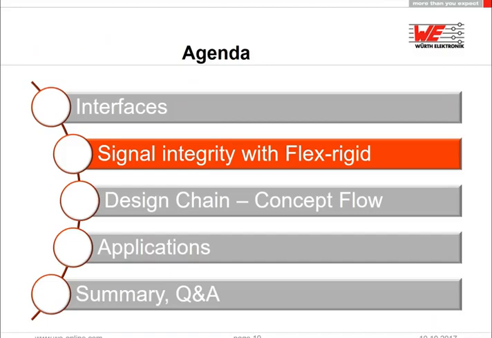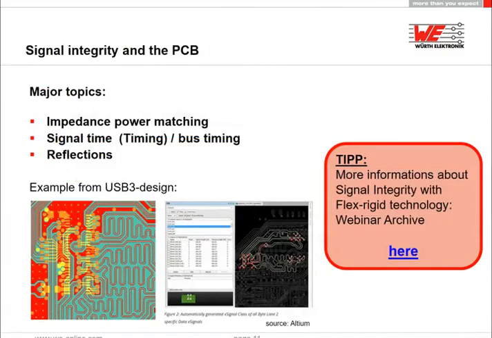Signal integrity using Flexrigid: the major topics are impedance and power matching. So we will see on the next slide how this could be done. The timing is very important. We can see on the bottom some examples of matching trace length with differential pairs. So in this case, it's really helpful to have an EDA tool which supports the design of differential pairs.